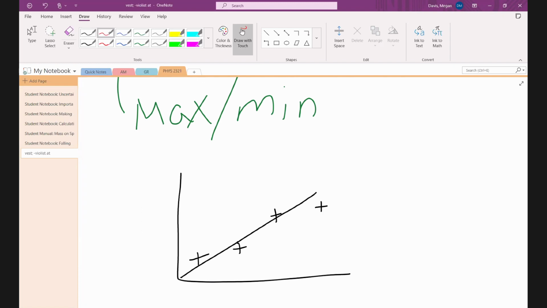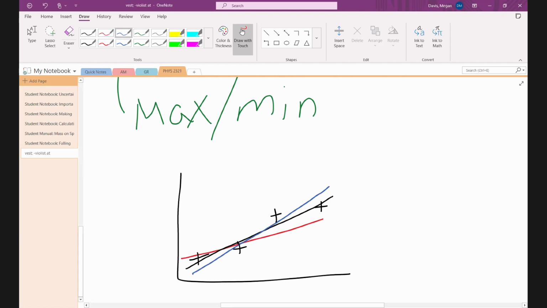So you have to draw your max and your min lines. Your min line would probably look something like that, and your max line would probably look, oh, my max line's not going to look very good, actually. My trend line doesn't look very good. That's the problem. So you'll have some max line that probably looks like that.